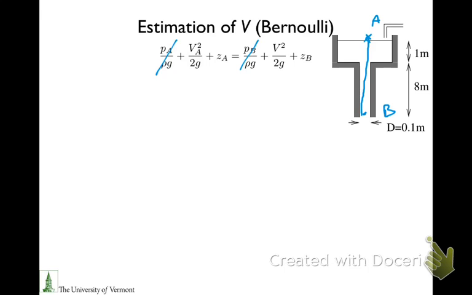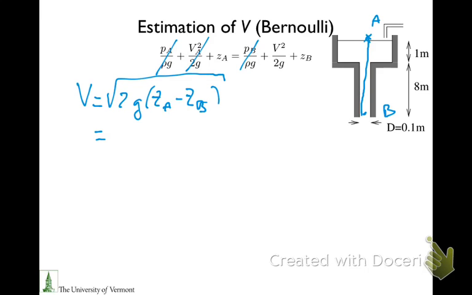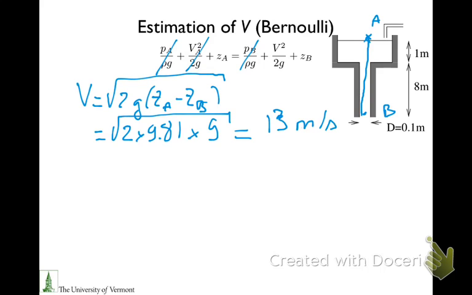The velocity is negligible at the interface, so we end up with the typical Torricelli equation, which is V equal to the square root of 2g times ZA minus ZB, which is the square root of 2 times 9.81 times 9 meters, and that's 13 meters per second.